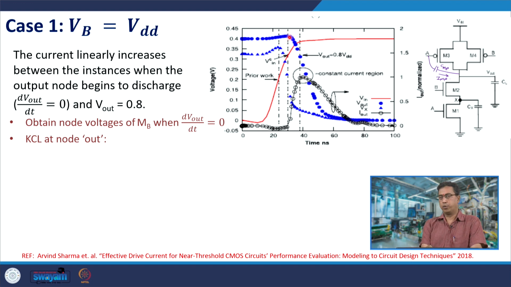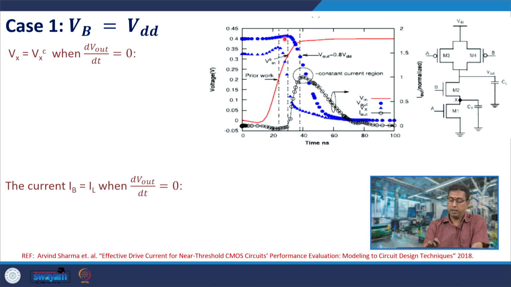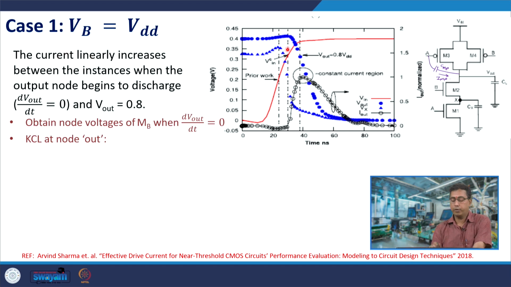So, it is an overshoot at V out, and when the current through M2 becomes larger than or equal to the current through the CMP, it is then that you have dV out by dt being 0. Beyond that, the current through M2 is now larger, and V out begins to discharge. So, till here it charges and from here it discharges. So, here you have dV out by dt equal to 0. It is that point which we are now trying to understand.